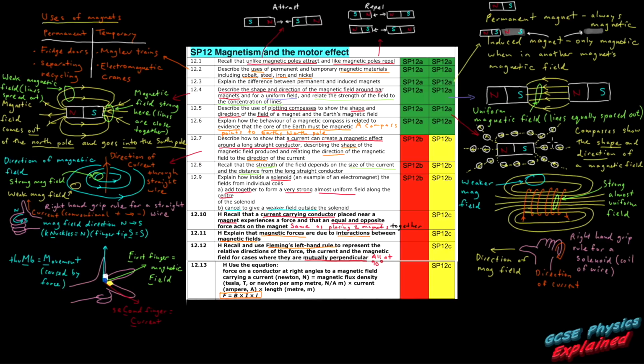So these compasses here would show the shape and direction of a magnetic field. And whichever way the compass is pointing, draw a little arrow coming out of the compass on the paper next to it. Little arrows coming out like that. And then you just connect all those arrows together there, connect all these arrows together there, and just do the same coming down that way.